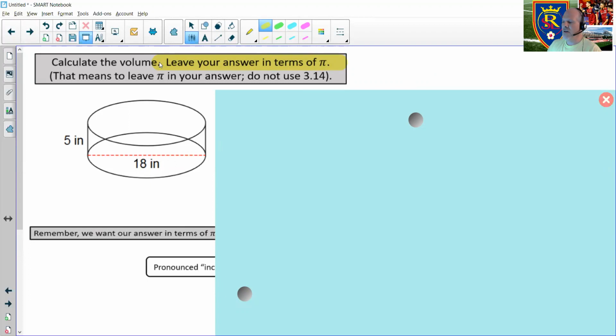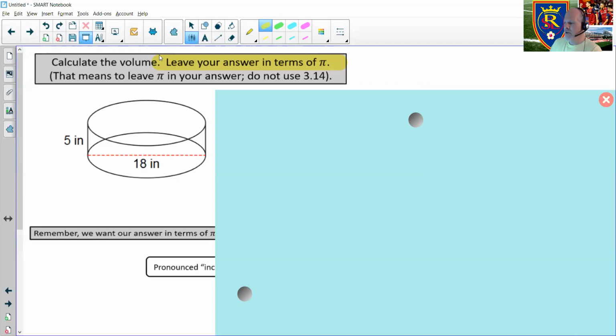So what that means is, when we get to our answer, we are not going to replace pi with 3.14. We're going to leave it as pi. So if we get an answer that's 40 pi, 40 times pi, we're just going to leave it that way. So our volume would be 40 pi cubic inches.